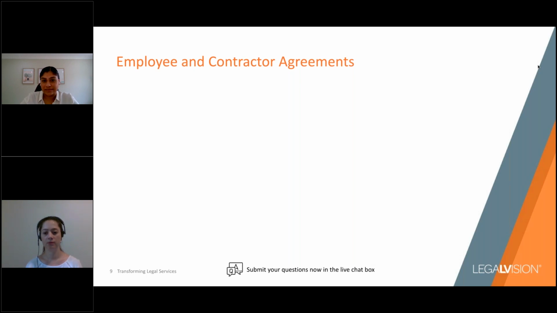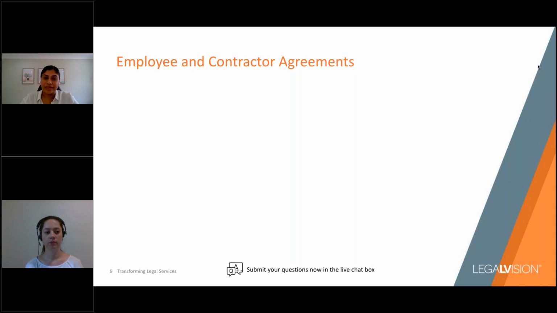So some key things that are considered include how much autonomy or control the staff member has over how and when they work. Are they providing their own tools or are they using yours? Are you providing them with a uniform or can they wear whatever they want? And so, a few things that are a very short list of what's considered.